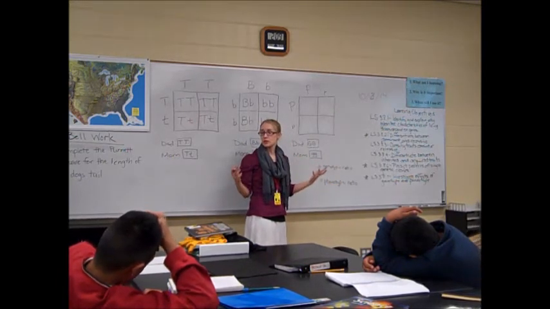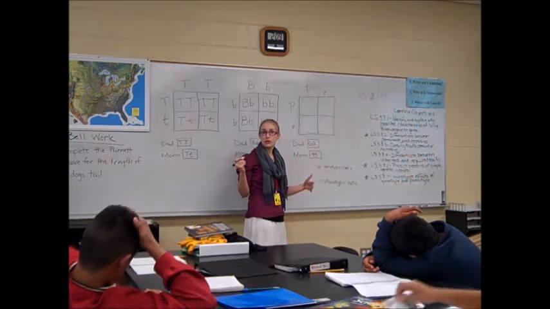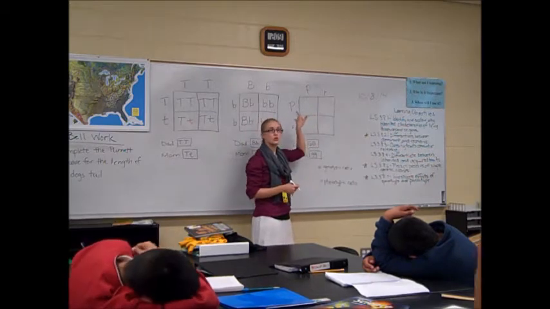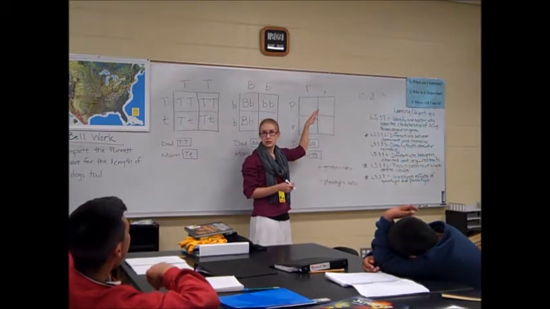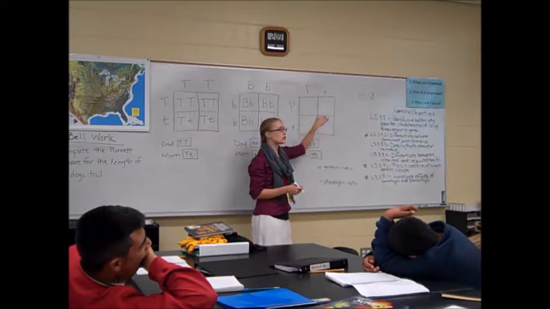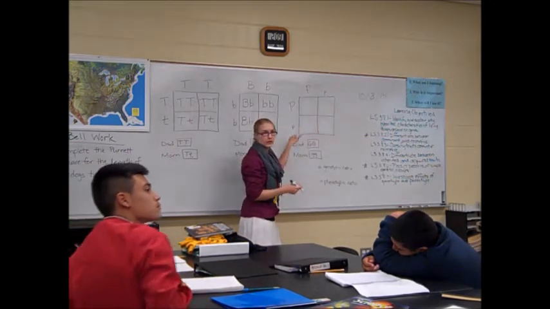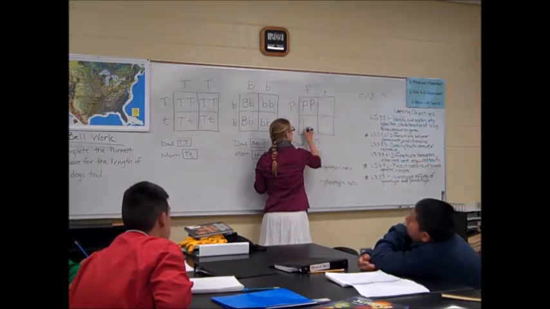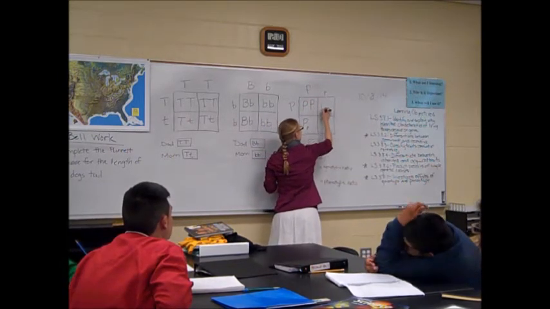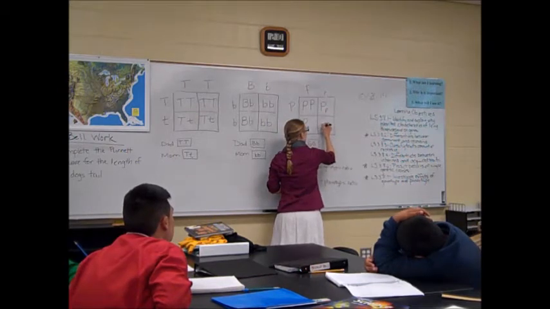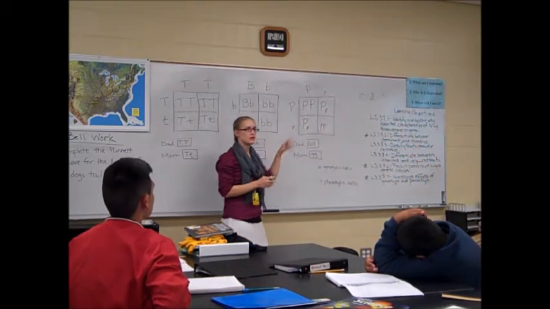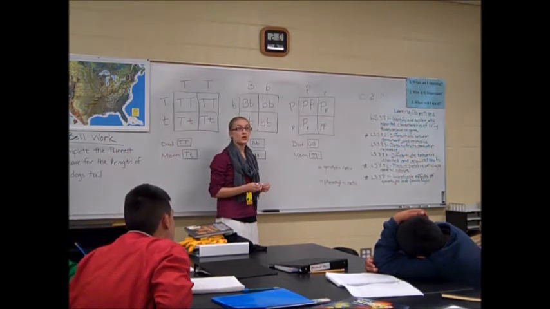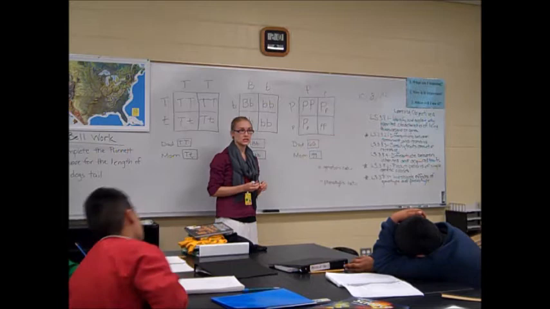So look back at your Punnett square from yesterday on the colors for the purple and white flowers. I gave you two heterozygous parents, which means they're purple, but they both have an allele for the white flower. And when you fill out your Punnett square, it looks something like this. If I'm looking at this, how many offspring do I have that will be homozygous dominant?